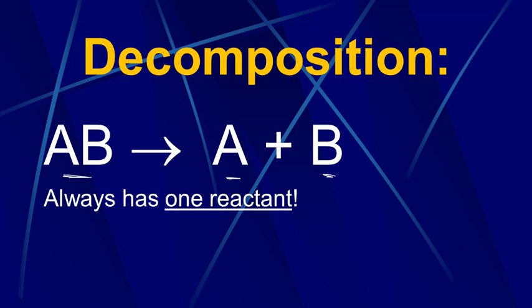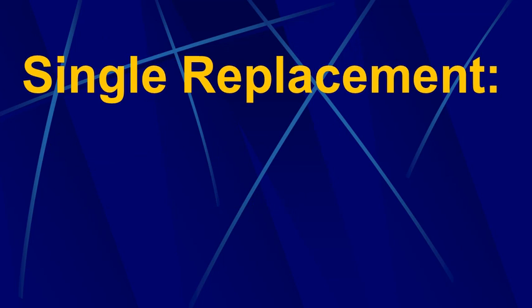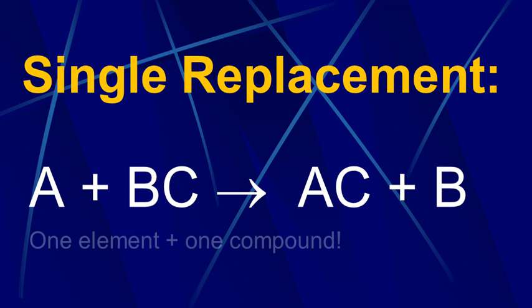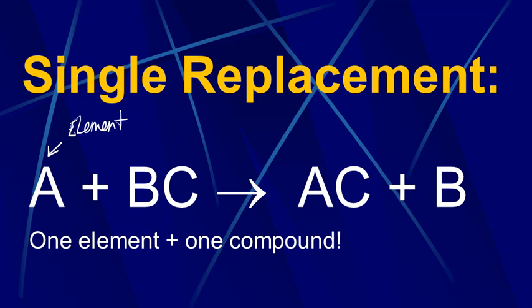The third type of reaction is called single replacement. Some textbooks call this single displacement. It's the same thing. In a single replacement reaction, we have 2 reactants, an element, which we'll represent with the letter A here. We'll call that the element. And then we have a compound, which we call BC here.